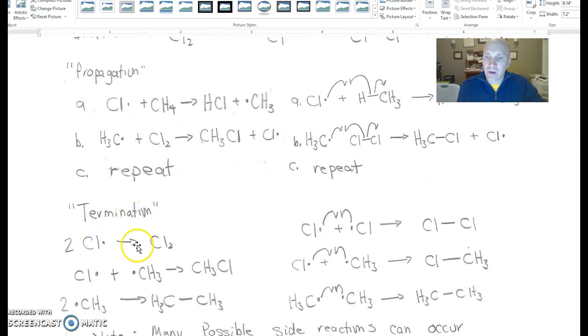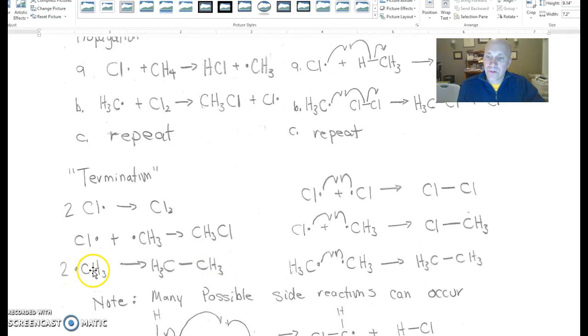Two chlorine radicals could pair up to make a neutral chlorine molecule, and that would cause this chain reaction to stop. Another thing that could happen is a chlorine radical could react with a methyl radical, and that could make this, which would cause the reaction to stop. Or two methyl radicals could pair up, and that would make an ethane molecule. Again, this just shows the electron pushing forms of these reactions.